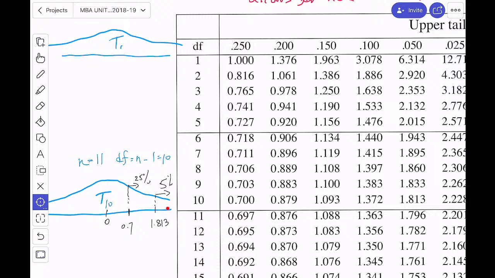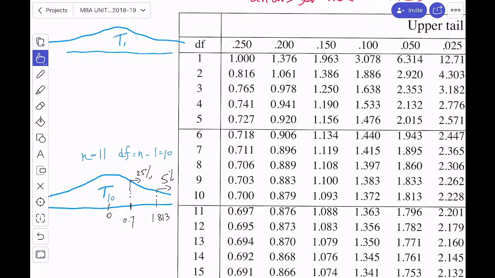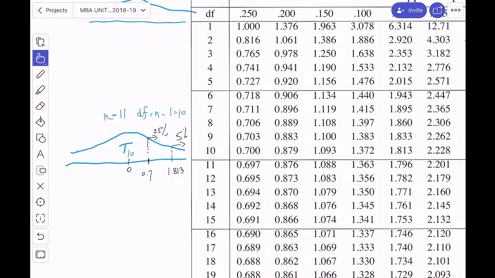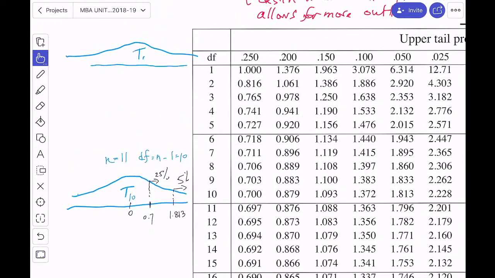Let's go and see at a higher sample size, what do we find? We can just see here, right?